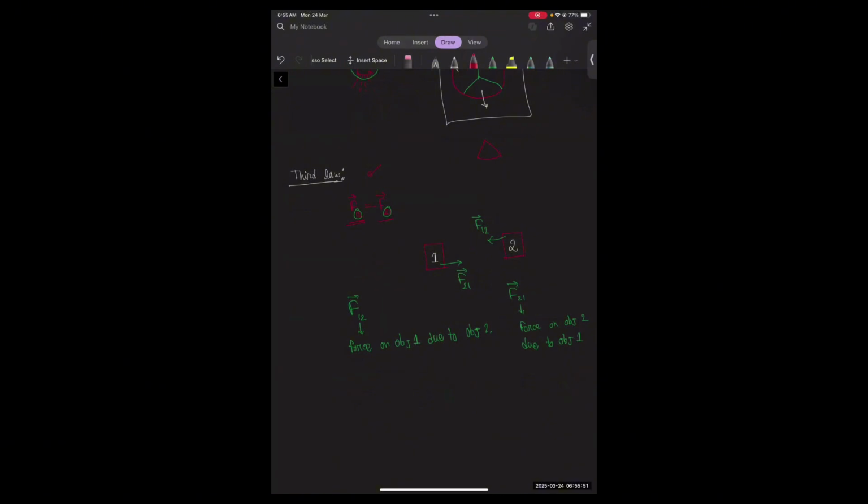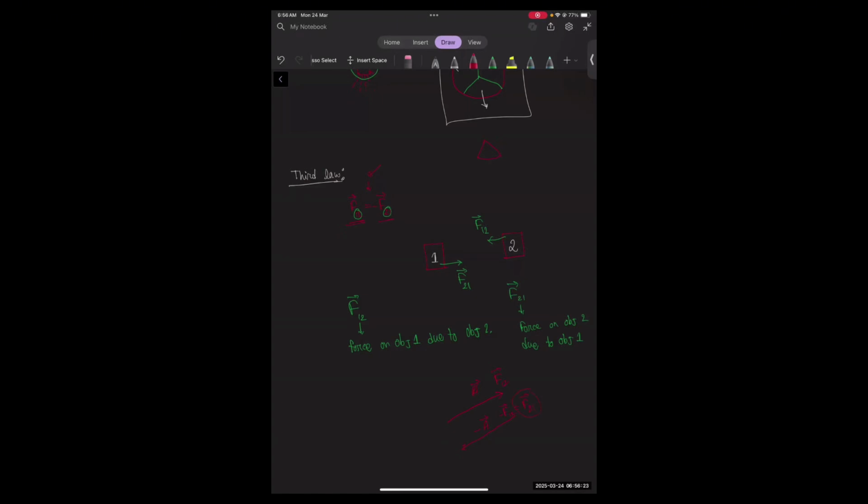Remember, when we write two vectors with an equal sign and a minus sign in front of one, it basically means their value is the same but the direction is opposite. So if you have this vector A, minus vector A will have the same length but in the opposite direction. So if one is F12, the other one will be minus F12, which in this case is F21.